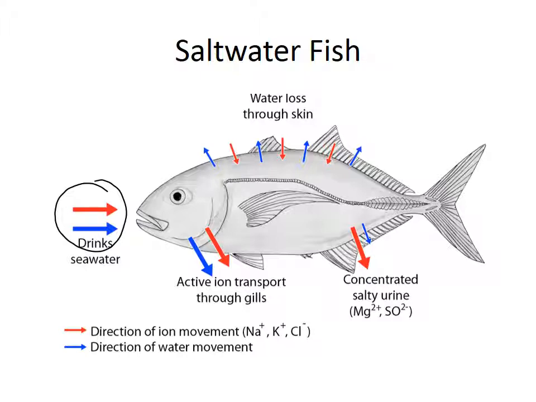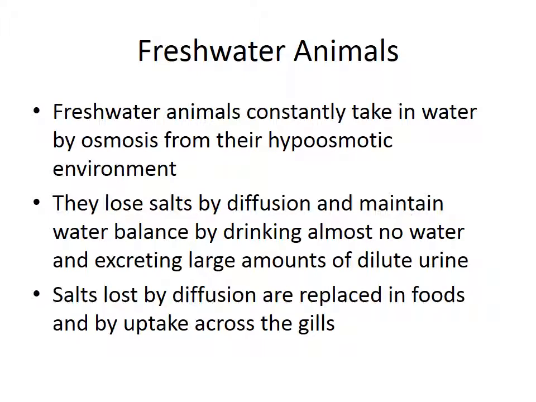It will actively transport ions through its gills, and then it will excrete a very salty urine with very little water. So very little urine, but whatever it is, it will be very concentrated and salty. So although it's losing some ions through its gills, it needs to lose even more through its excretion.